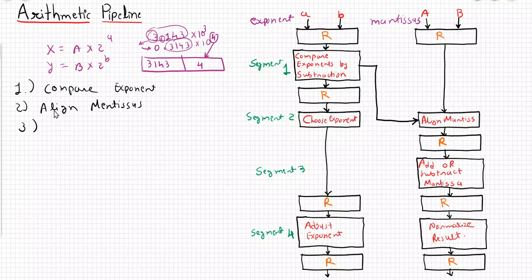Third step is add or subtract mantissas, and again at the end, normalize the result.